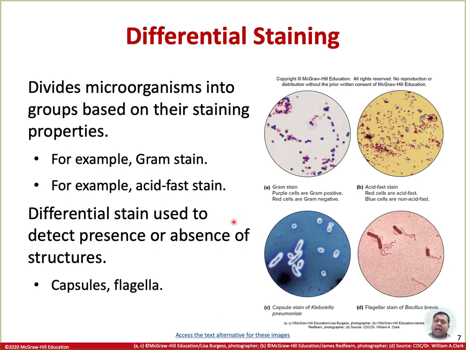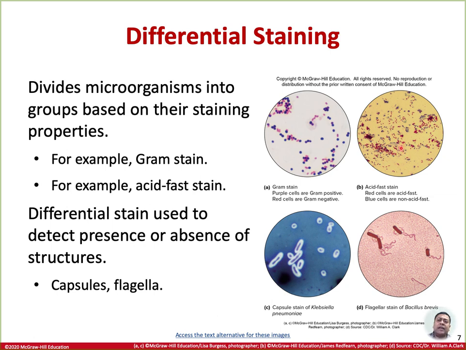with the charge. There are also differential stains used to stain some of the cells which are called acid fast. That means these cells have a property that when they are washed with acidic alcohol, they retain their staining.